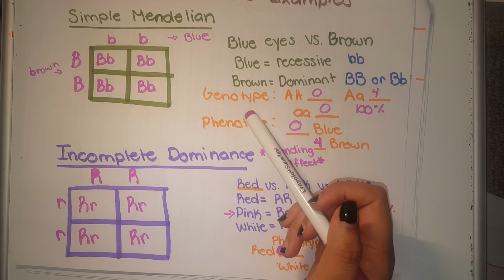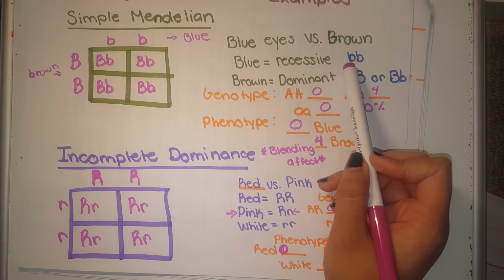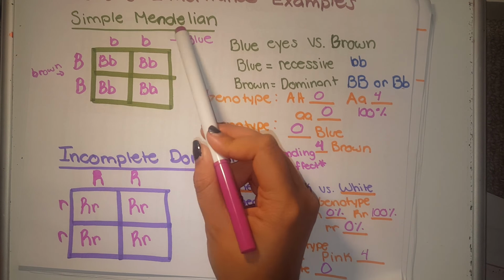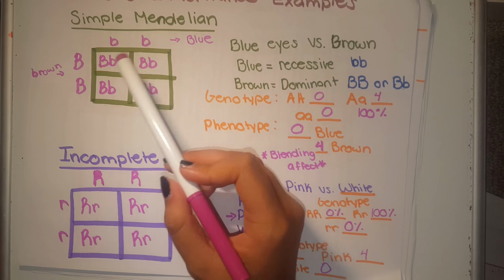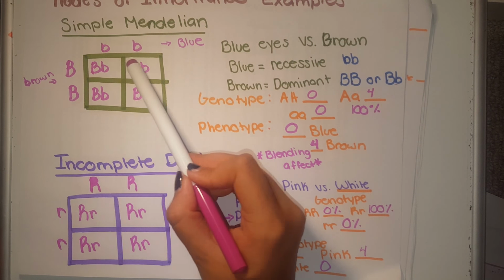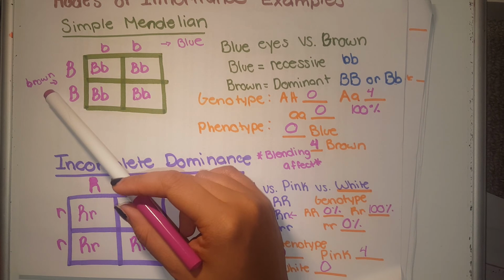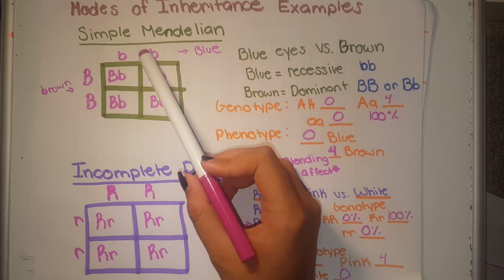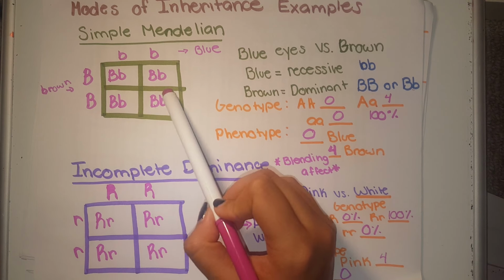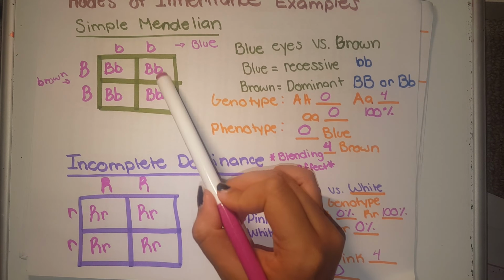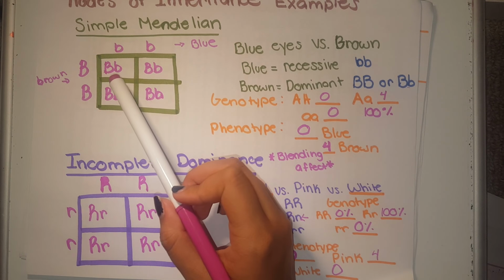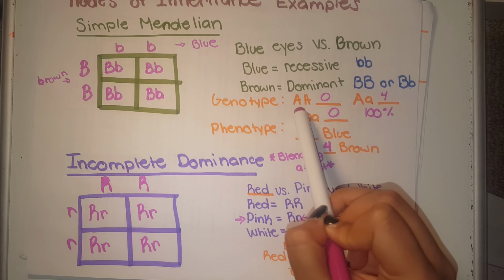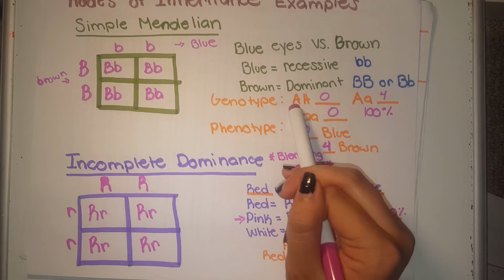In this case, we're going to cross two little b's and two big B's, as shown here. I indicated that blue would be here, because it is two recessive, and then brown would be here. If we cross them, we would have a heterozygous trait, because we have one big B and one little b. A genotype is usually asking us for the letters.